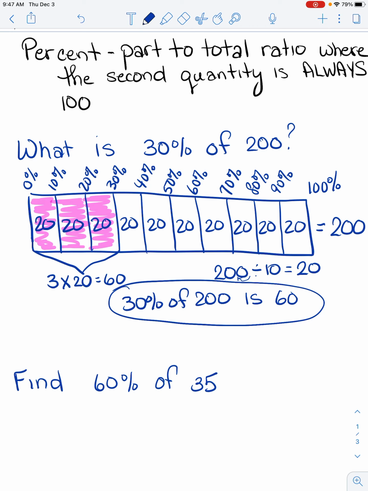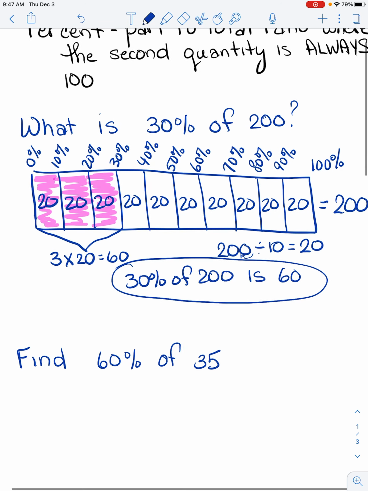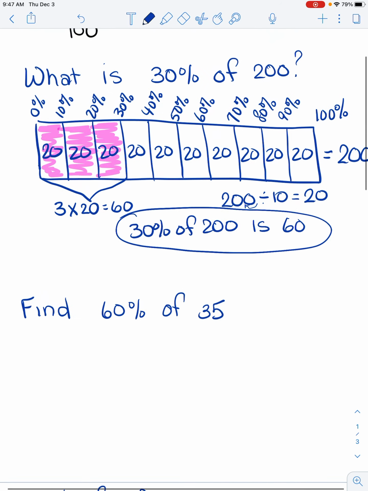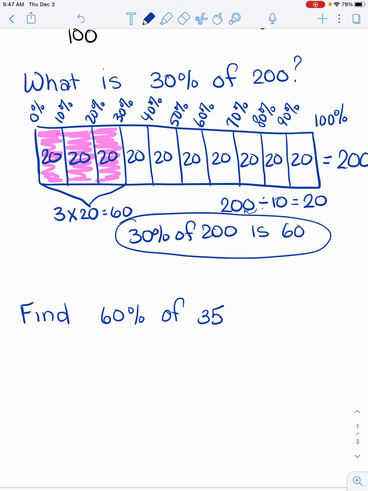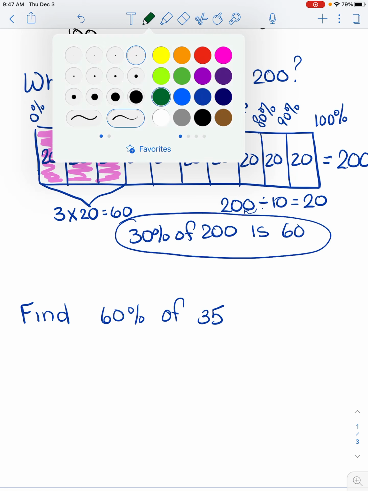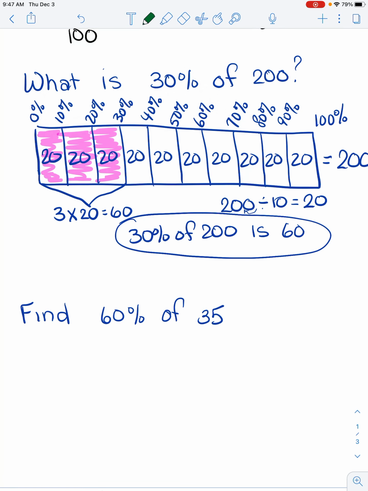Okay, let's look at a different problem, because we don't always have to divide our model into 10% sections, although you can. Let's look at 60% of 35. So let's make our bar model.